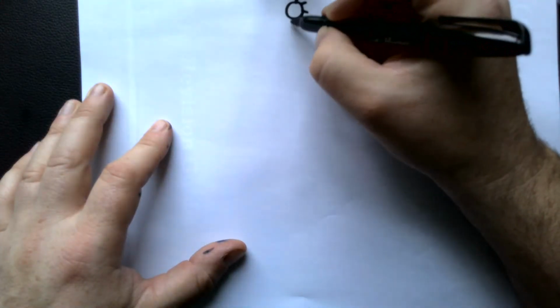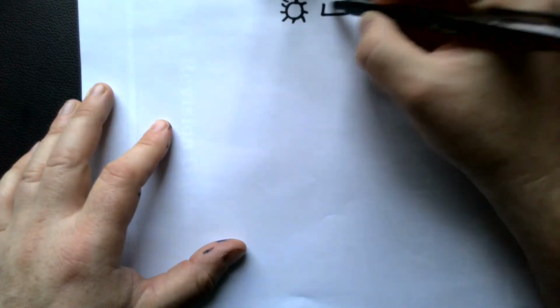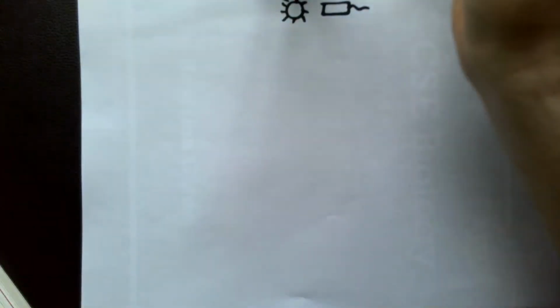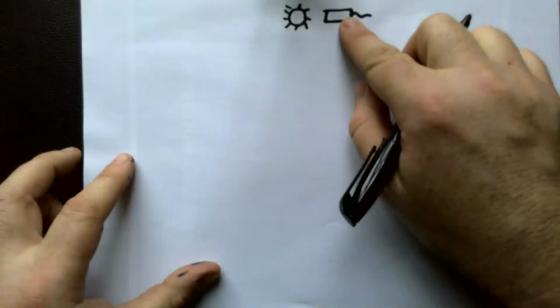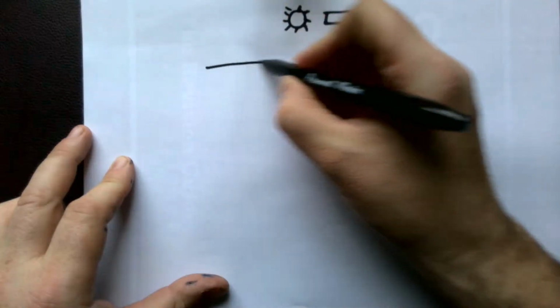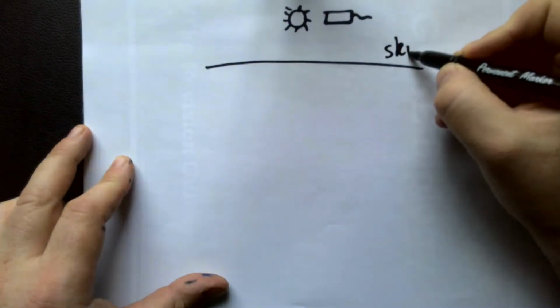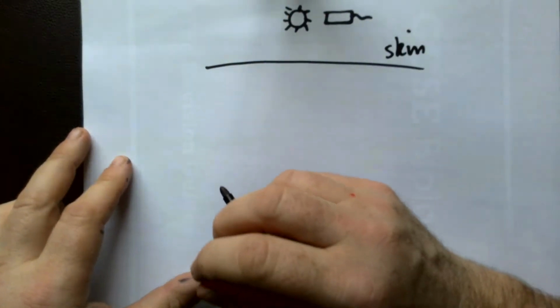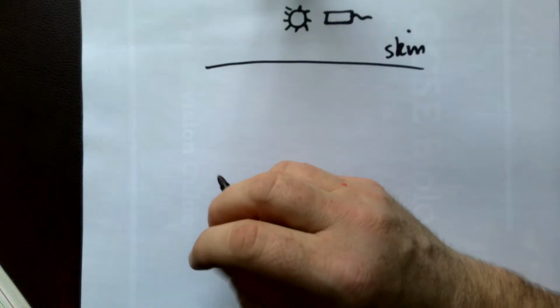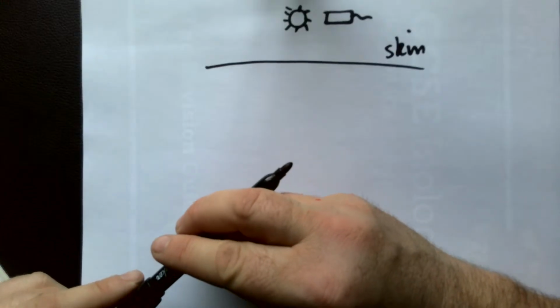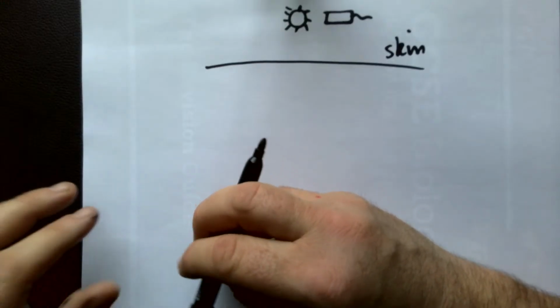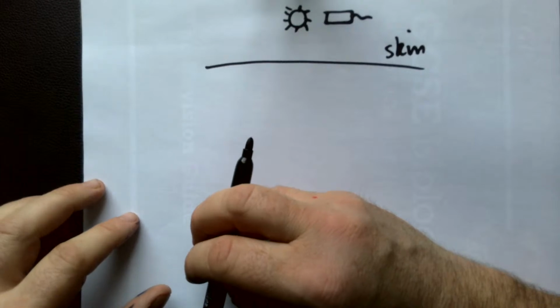There's my pathogen, a virus and a bacteria. They're not to scale, because the bacteria would be much bigger than the virus. But the first line of defense is skin. Skin also has antimicrobial secretions, but the skin is a barrier.